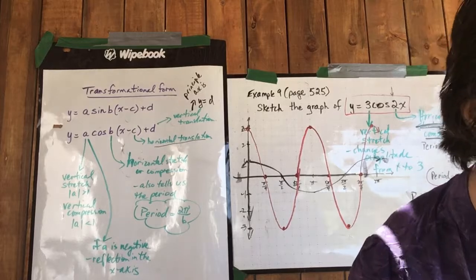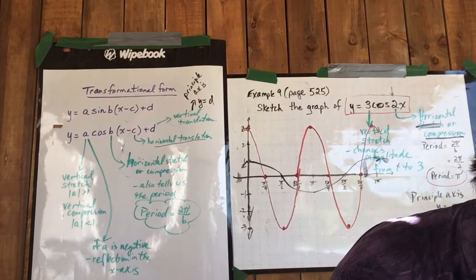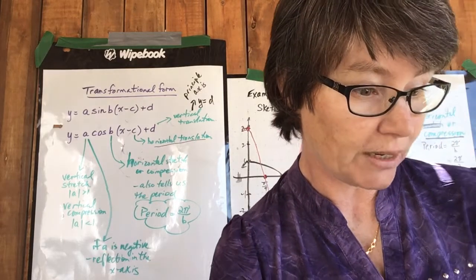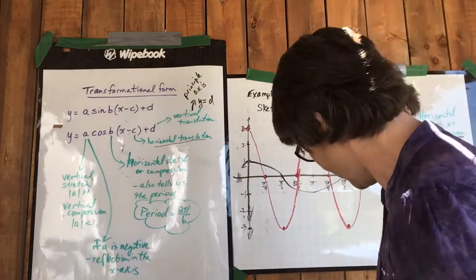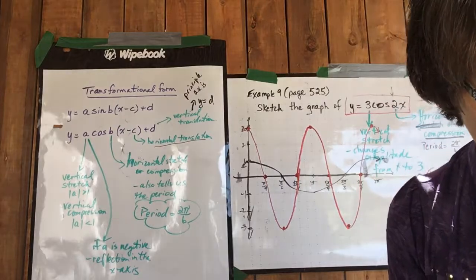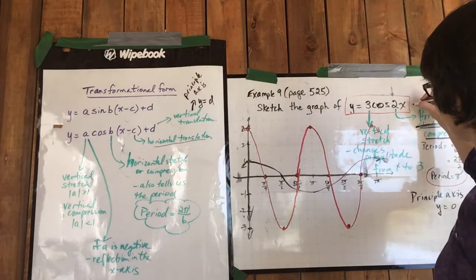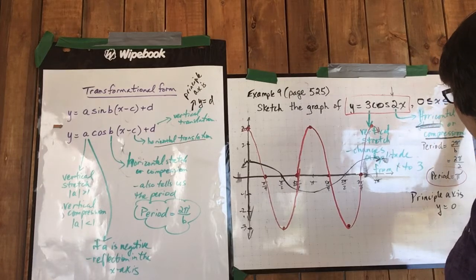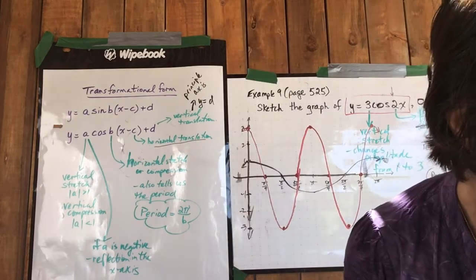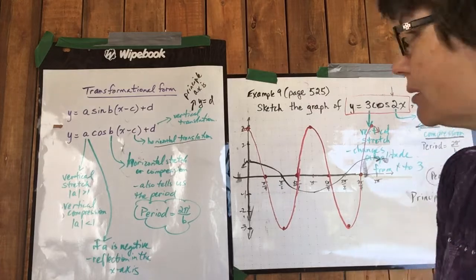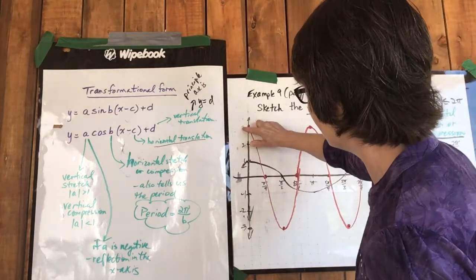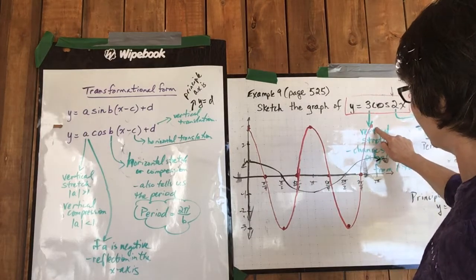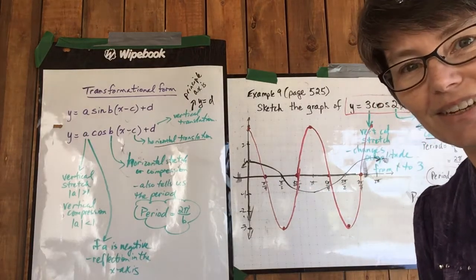Was their domain restricted? Looking at the question, yes, their domain is restricted. I forgot to add that in here, so let's add it in. We need to graph this from 0 to 2 pi: 0 less than or equal to x less than or equal to 2 pi. So we do not put an arrow there, all the way to 2 pi, and we do not put an arrow there. There's example 9.